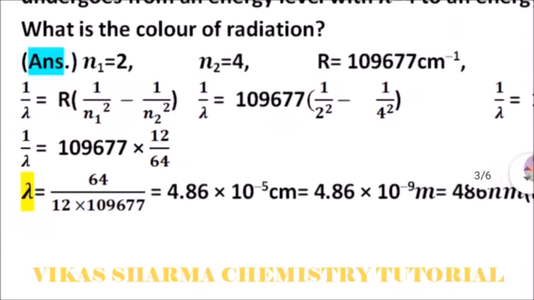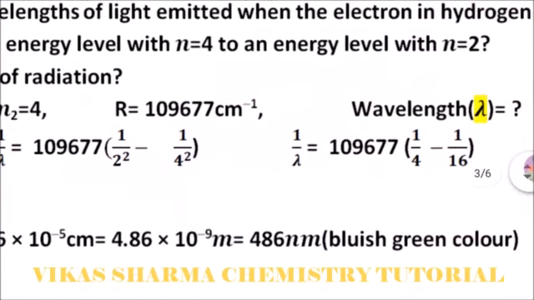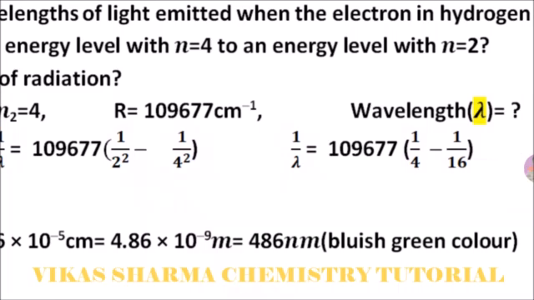After the calculation, the value comes to 4.86 into 10 to the power minus 5 centimeter. We convert it into the basic unit, meter. It is equal to 4.86 into 10 to the power minus 7 meter. You know 1 nanometer is equal to 10 to the power minus 9 meter. So the value is 486 nanometer, and it is the bluish green color.